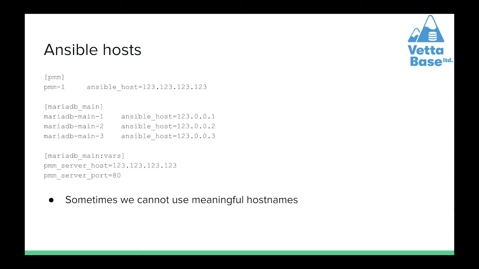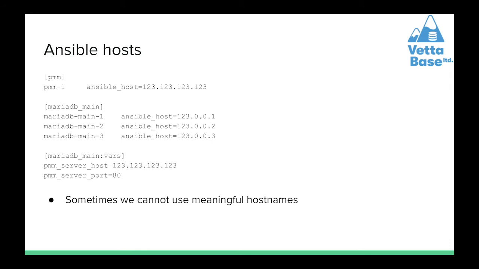This is more or less the same example as before, but we are not using host names this time. So for example, PMM1 is not a host name, it is an alias. And an alias for what? Well, we have Ansible host, and the value of Ansible host is the actual IP that should be associated to that alias.